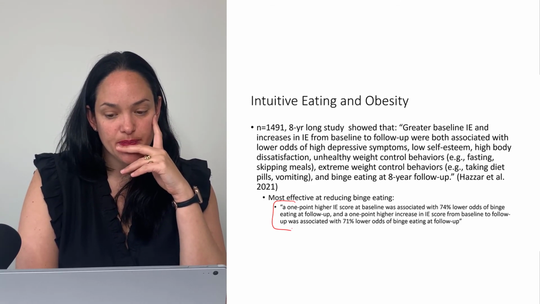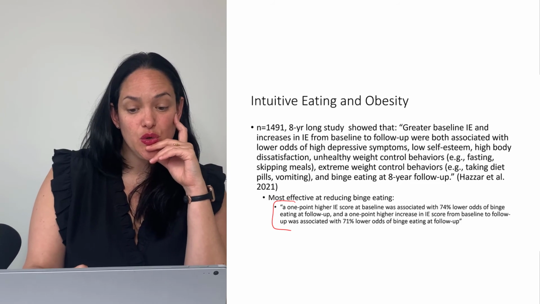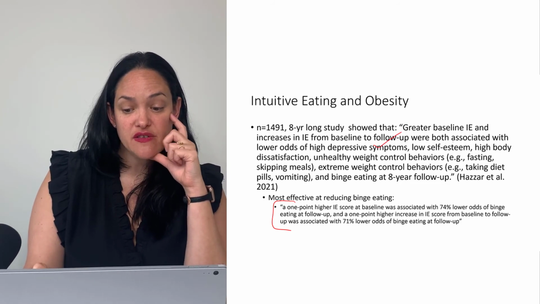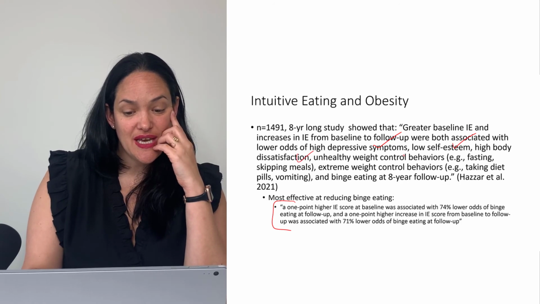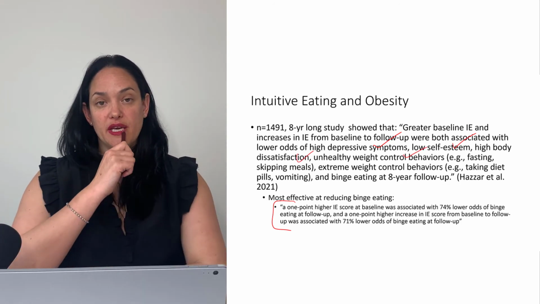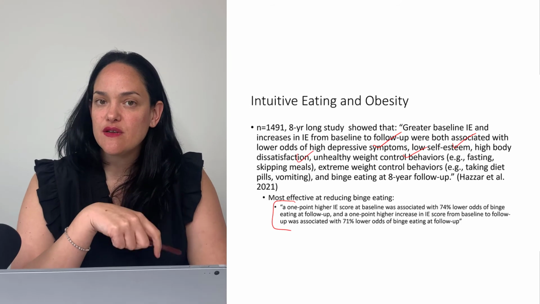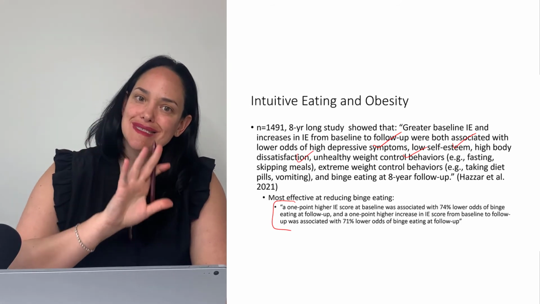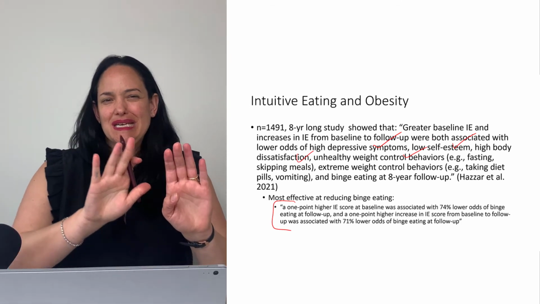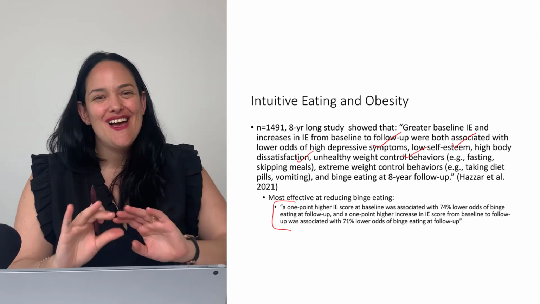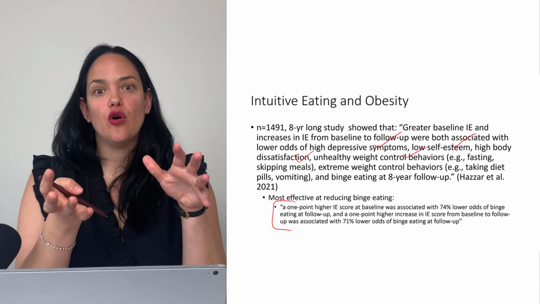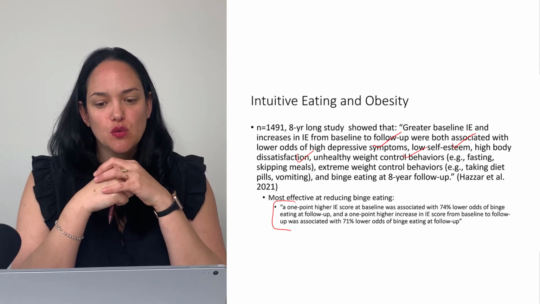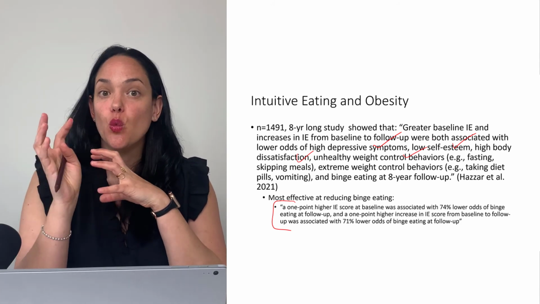Intuitive eating has also been shown to improve depressive symptoms, self-esteem, body dissatisfaction, and unhealthy weight control behaviors. So I wanted to present that as another potential diet-adjacent strategy that you might choose to employ for yourself, or if you are working with individuals with obesity who don't want a weight-centric approach.